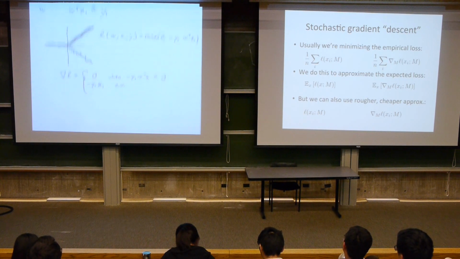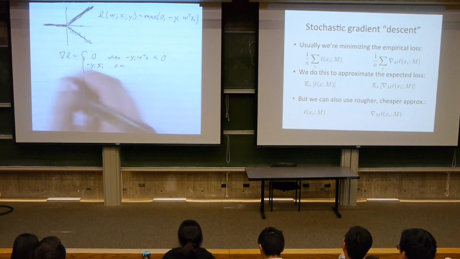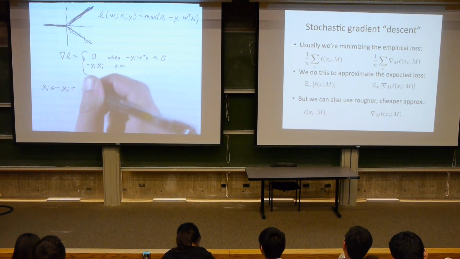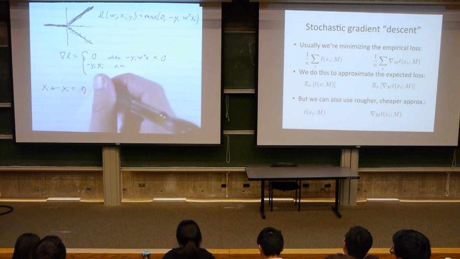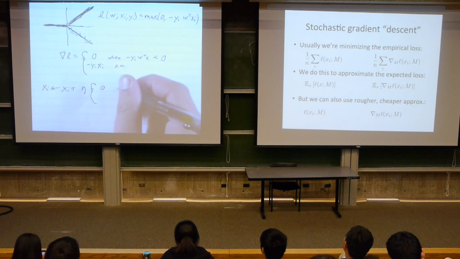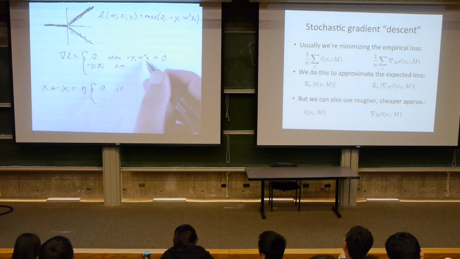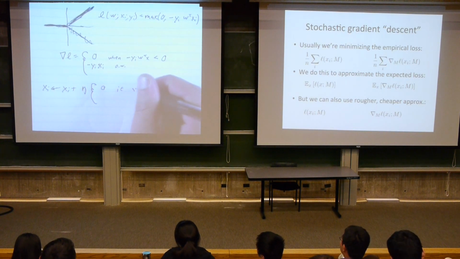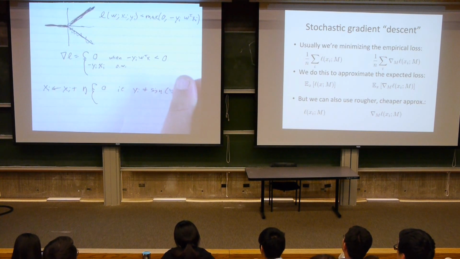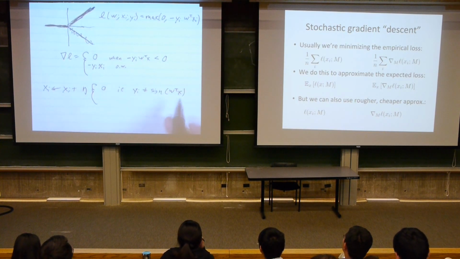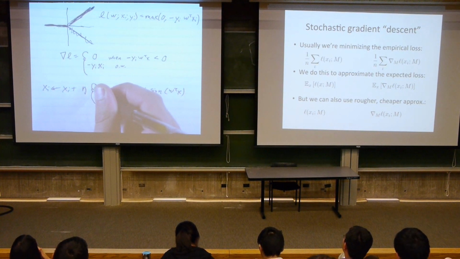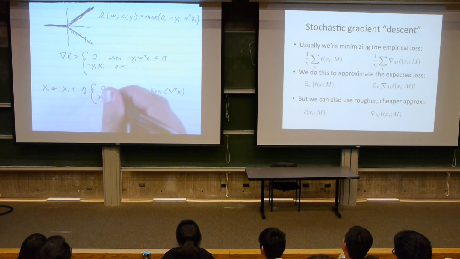Okay, so our update rule then is w gets w plus our step size eta times the negative gradient, which is 0 if yi is equal to the sign of the predicted class. And if it is not, then the negative of the gradient is yi xi.